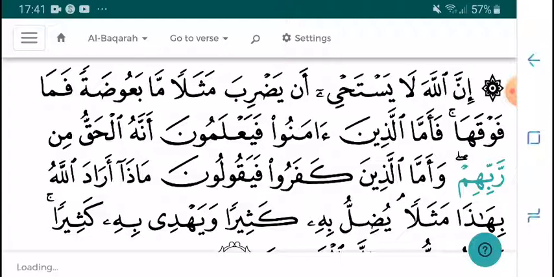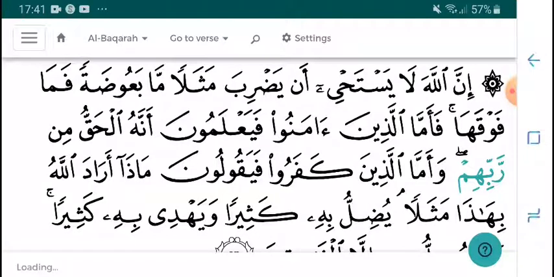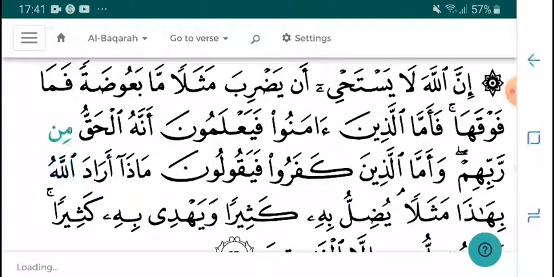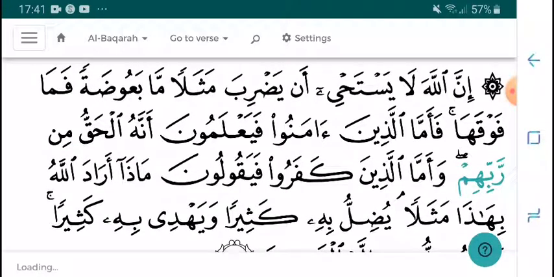What that means is that the noon in min you'll drop completely, and the meem with a kasra you'll join straight onto Rabbihim. So you'll say mir Rabbihim, straight like that. You'll completely drop the noon, and join the meem with the kasra straight onto the ra.